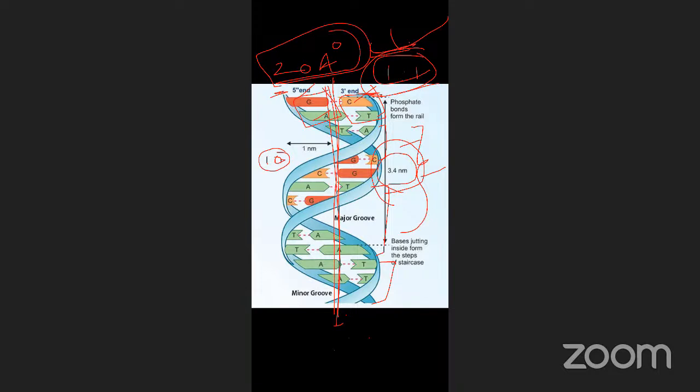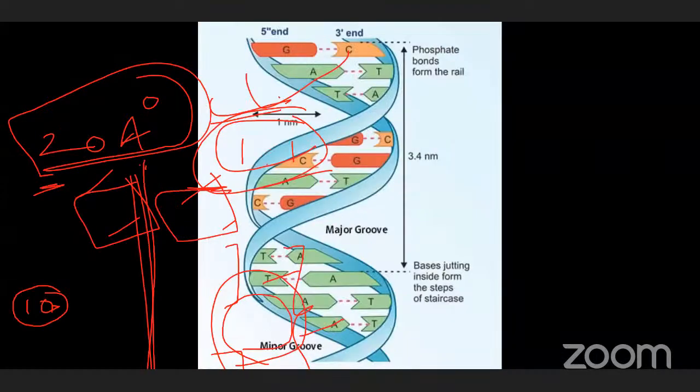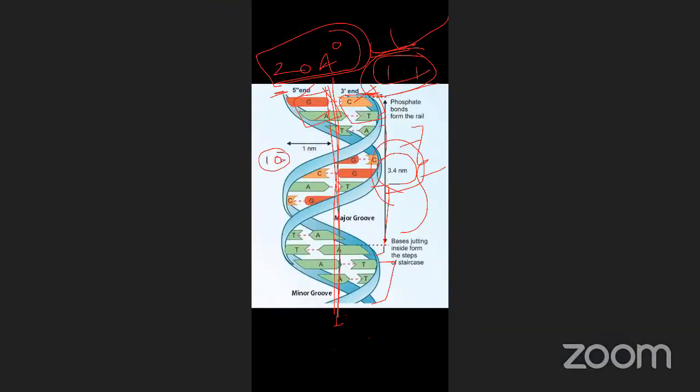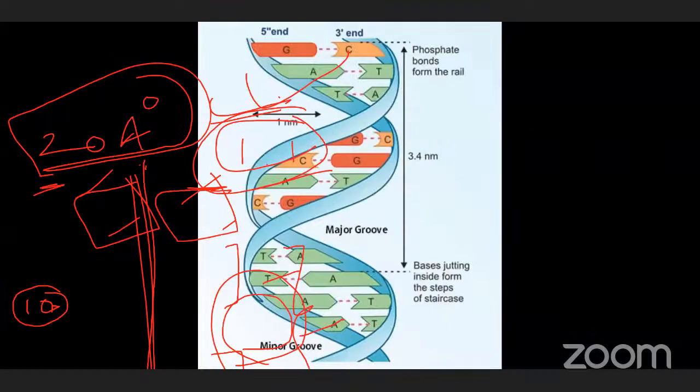Watson-Crick model and DNA structure are important for short answers, and also important at the competitive level. For example, I want to ask you a simple question.